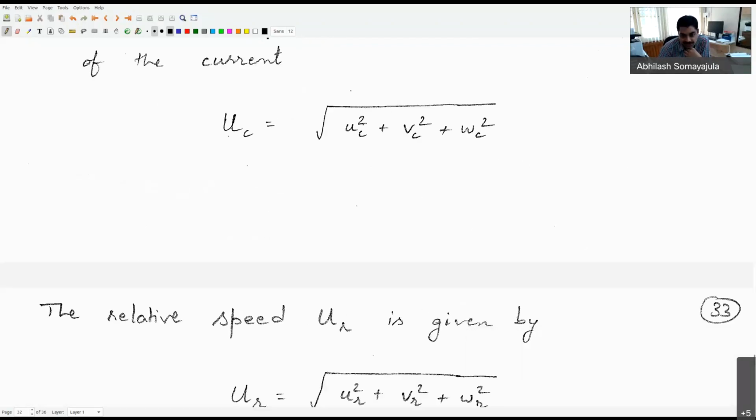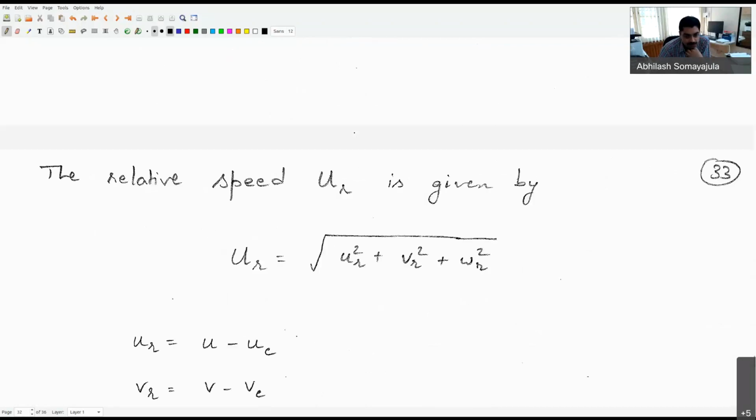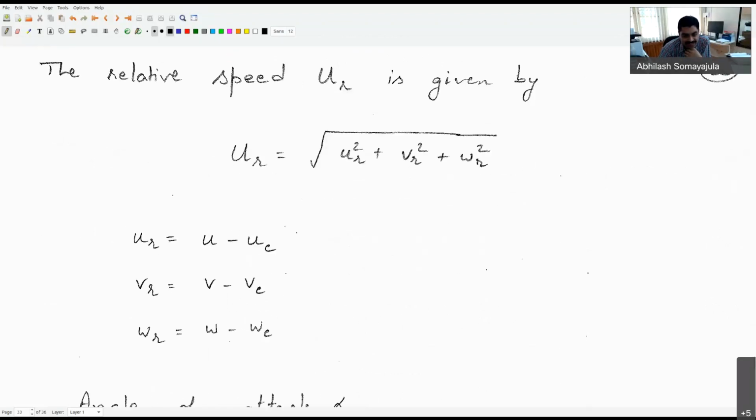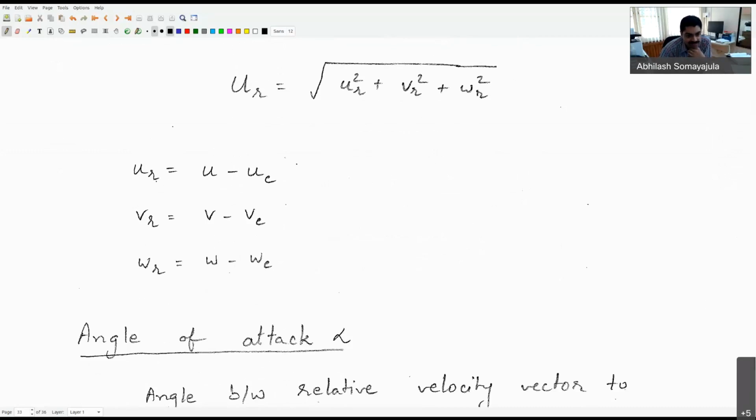Now that is pretty straightforward. More importantly, what we want to define is the so-called relative velocity vector, or UR. UR is defined as the square root of its components, small ur square plus small vr square plus small wr square, where each of these individual components is nothing but the body's velocity minus the current velocity.